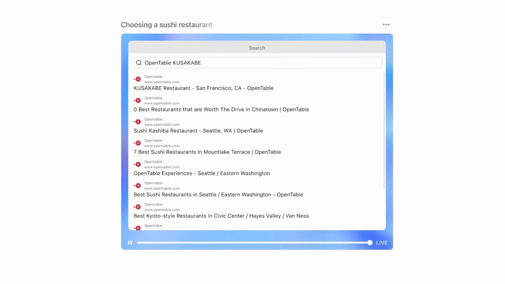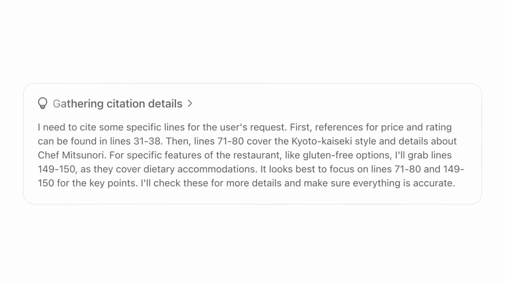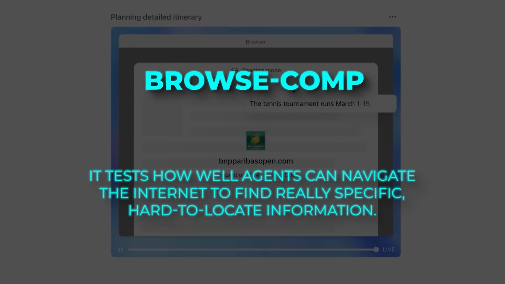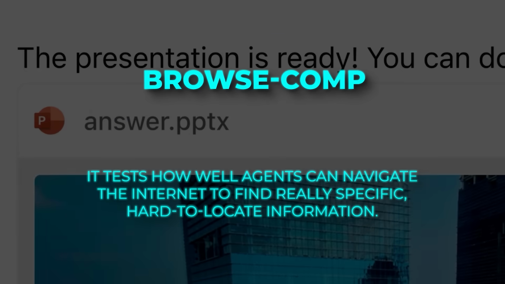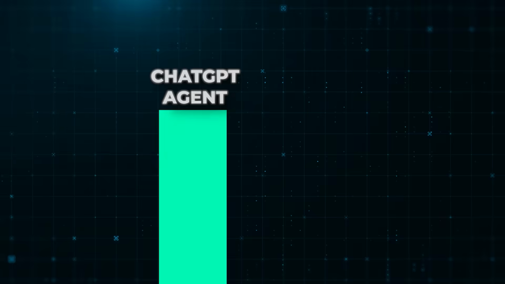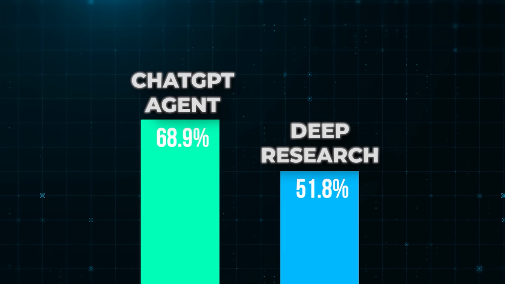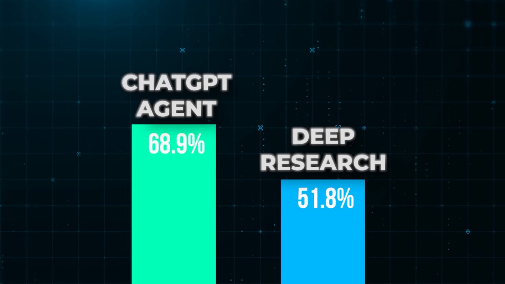And then there's the web browsing. Earlier this year, OpenAI published a benchmark called BrowseComp. It tests how well agents can navigate the internet to find really specific, hard-to-locate information. ChatGPT Agent blew past deep research by over 17 percentage points, setting a new record at 68.9%.